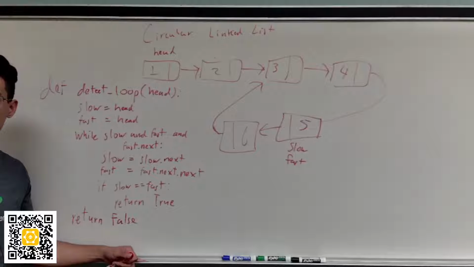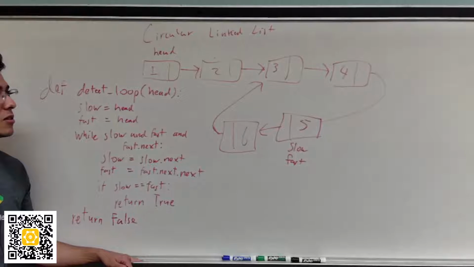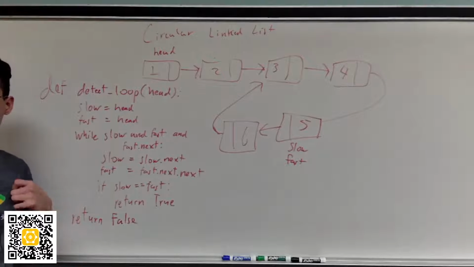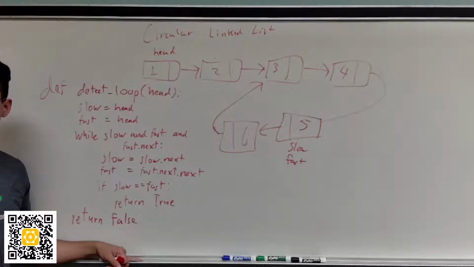I have a question. Is there any way to know if it's a partial loop or a complete loop? Because it's only going to return true. So is there any way to figure out if the loop is the whole thing? What do you mean? So like in that loop, I can't access the first node.